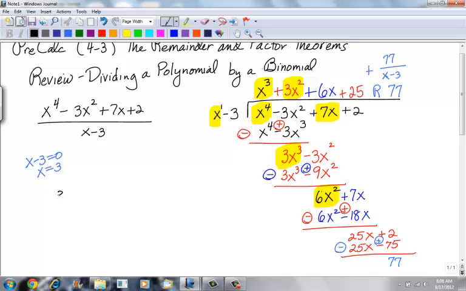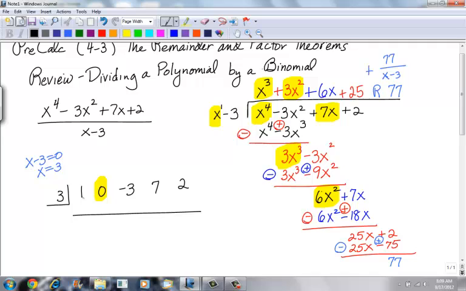Usually they draw a backwards bracket there, and then it would be 1x to the fourth, 0x to the third, negative 3x squared, 7x, and then 2. It's critical on this one that you put in that 0, the missing term.